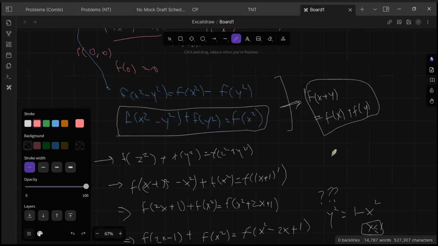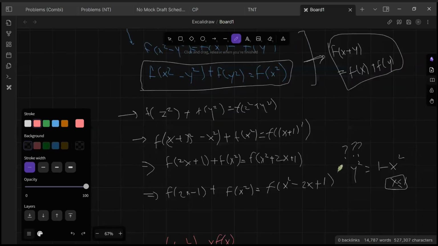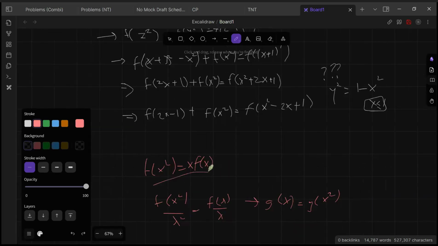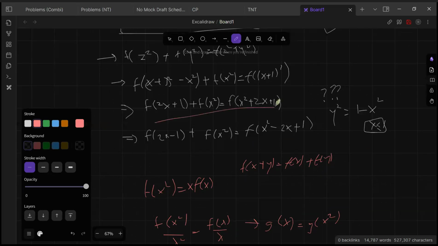Okay, so what we'll do here is we have additivity. Additivity is really strong. And what I'll say is that f of x squared is equal to x f of x and f of x plus y is equal to f of x plus f of y. They alone are enough to give me what I want. Because we can do f of x plus 1 whole squared. That will equal x plus 1 times f of x plus 1.